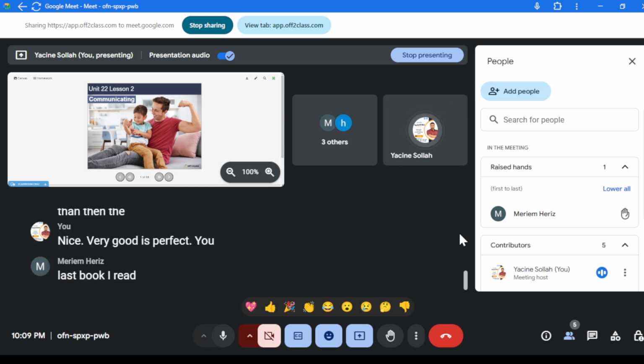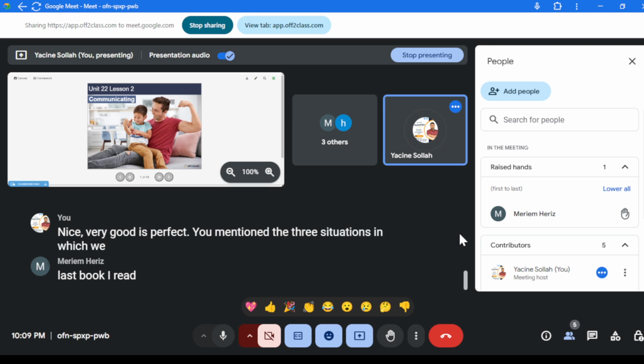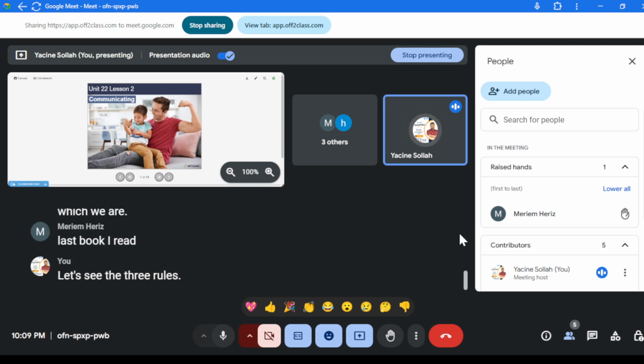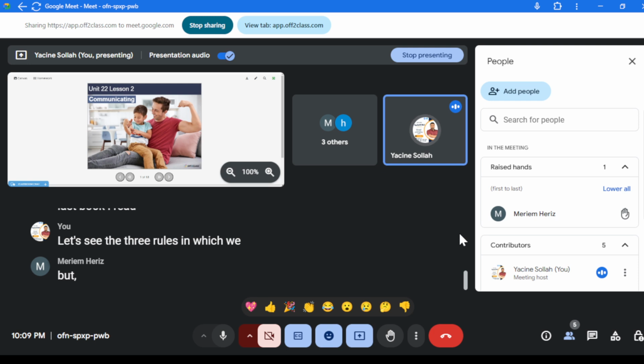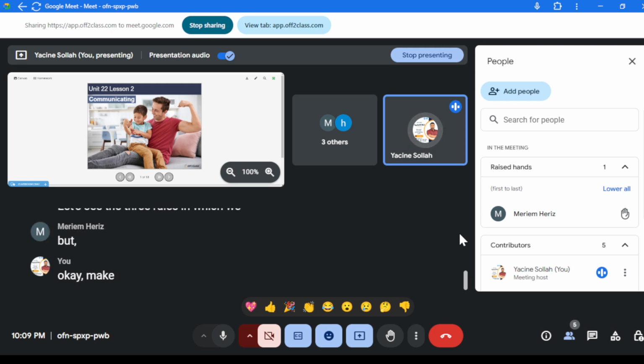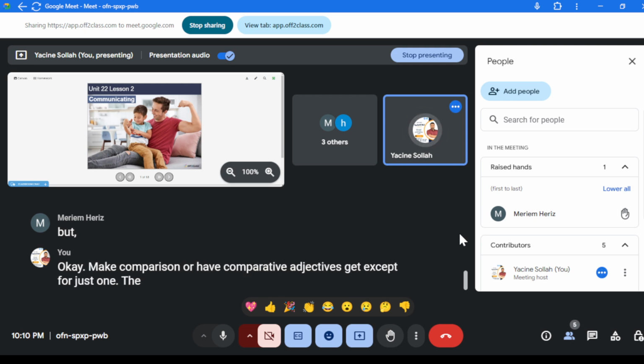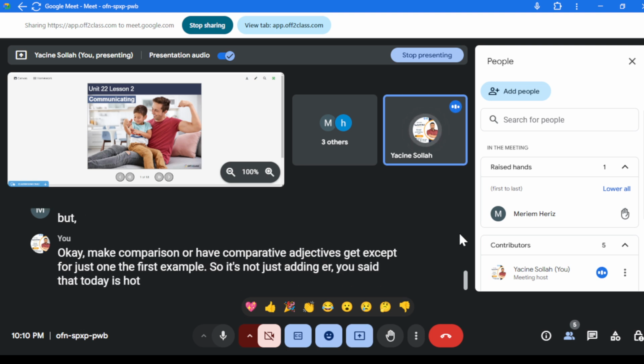You mentioned the 3 rules in which we make a comparison or have comparative adjectives. Good, except for just the first example. It's not just adding er. You said that today is hotter than yesterday. Well, hotter here has a double t, so it's CVC.